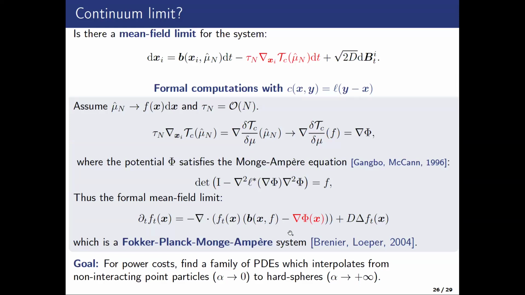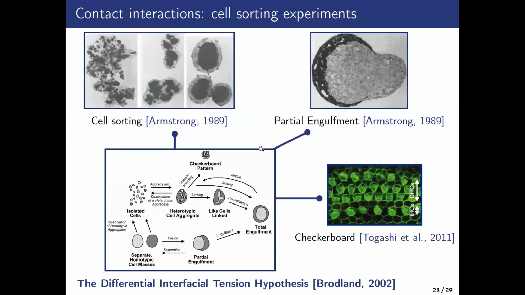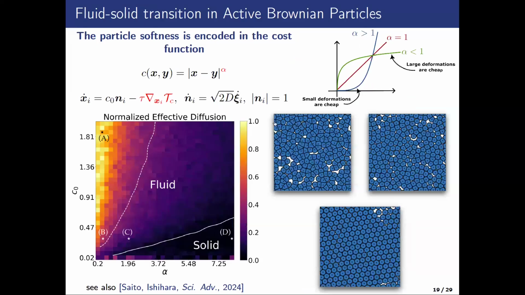In the system that Brenier wrote, the cost was always the L2 cost, because it was more for plasma physics applications. But here we said, okay, if we change the cost function, then we can have a different behavior. In particular, if we simulate active Brownian particles, we have more soft or fluid particles.